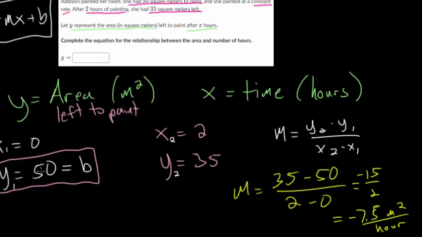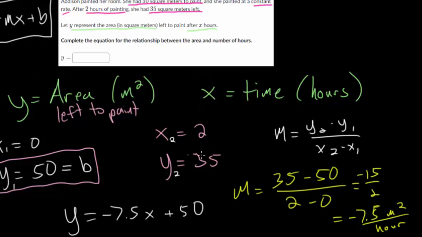So we found our slope, we found our Y-intercept, we can just plug those in. So Y would be minus 7.5x plus 50. And let's make sense of this based on our data. We know that when X is 0, when no painting has been done, that our Y value would be 50. There would be 50 square meters left to paint, so that piece makes sense here.